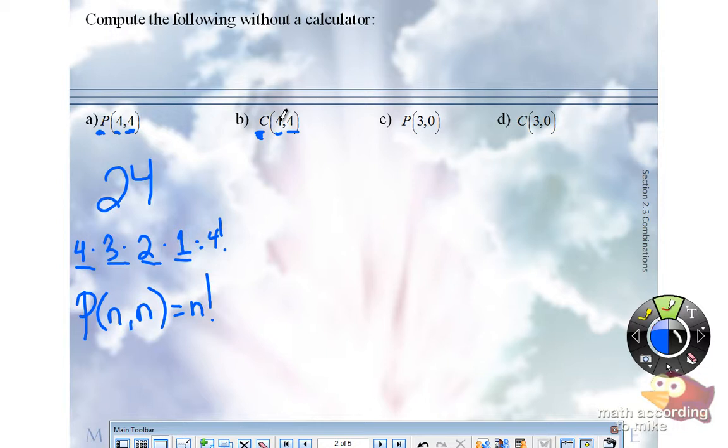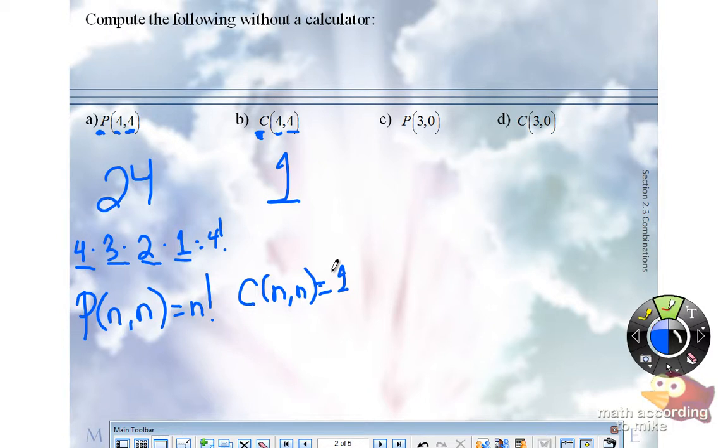How many ways are there to pick those up? 1. If order doesn't matter, as long as you pick up all 4, you've done the job. There's only one way to pick up all 4, and that is bending over and picking up all 4. That's it. So as it turns out, a combination of n objects taken n at a time is 1.